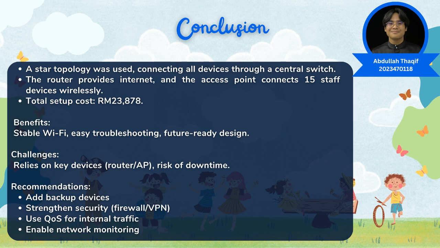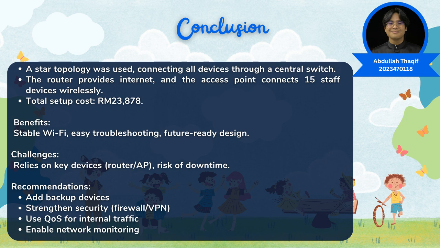But there are a few challenges with using star topology. That is, we need to rely on key devices such as the router and AP, and there will be a risk of downtime.